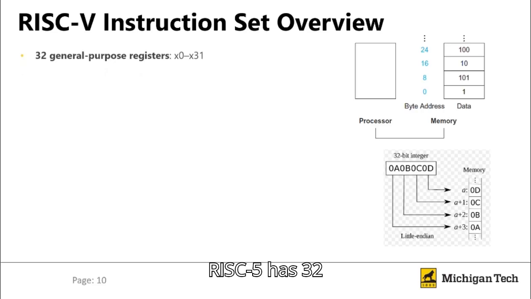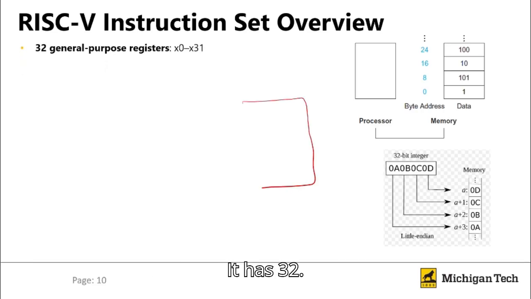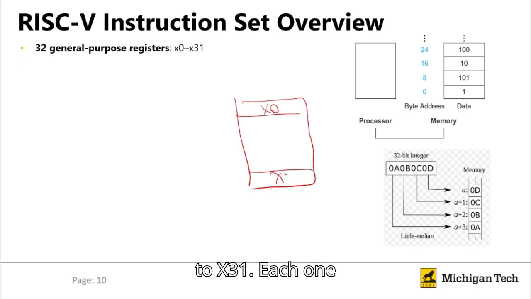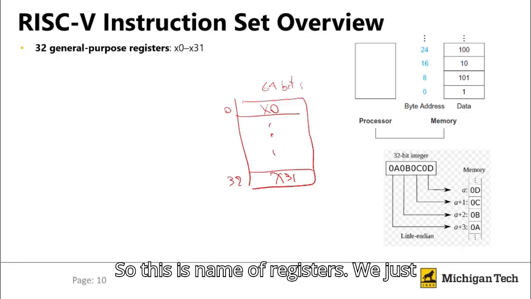RISC-V has 32 general purpose registers, called X0 to X31, each one 64 bits. So this is the name of the registers.